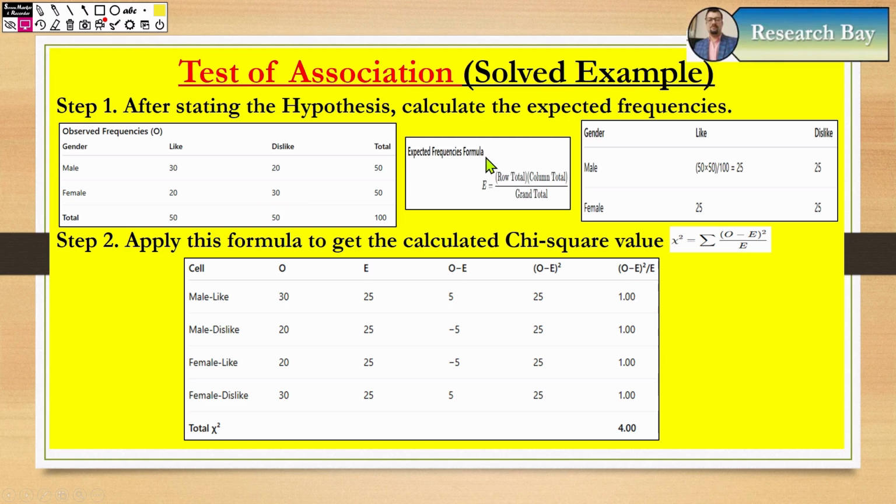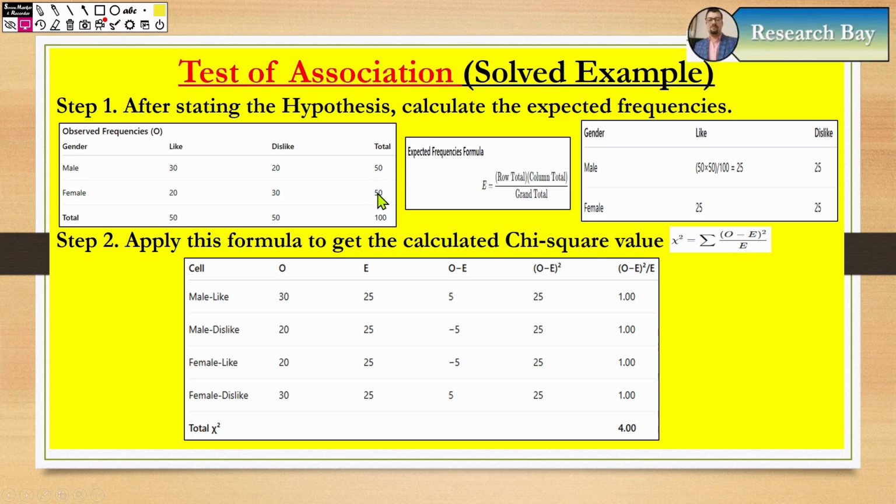The expected frequencies formula in this case is row total multiplied by column total divided by grand total. So you see row total in case of male is 50, column total is 50 again, divided by grand total, which is 100. So 50 multiplied by 50 divided by 100 comes out to be 25. Similarly, for female also, it's 25 because male and females are equally distributed in this case.